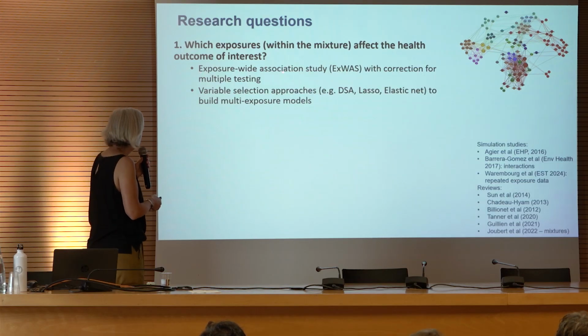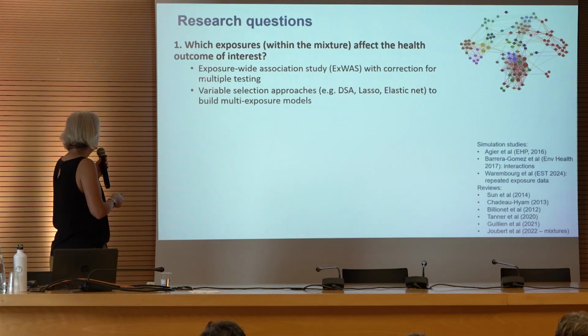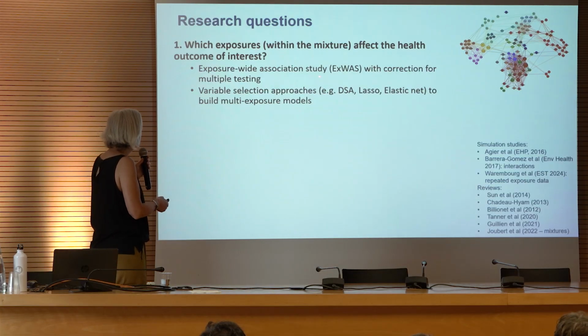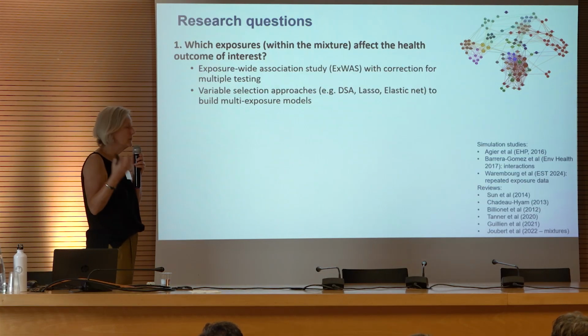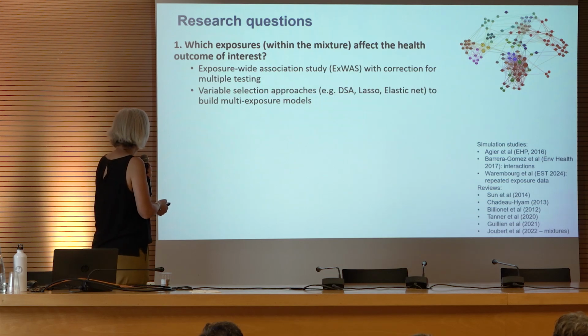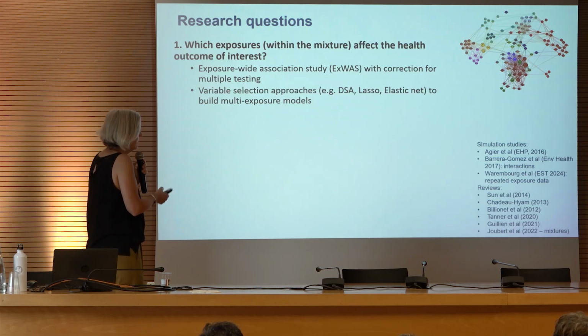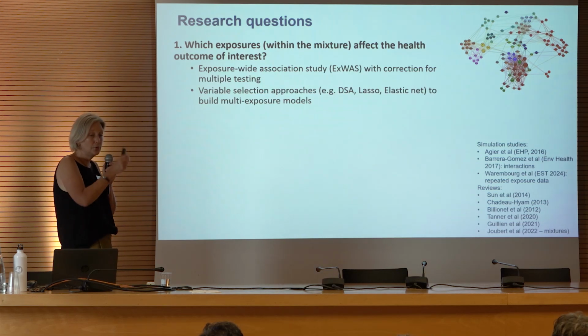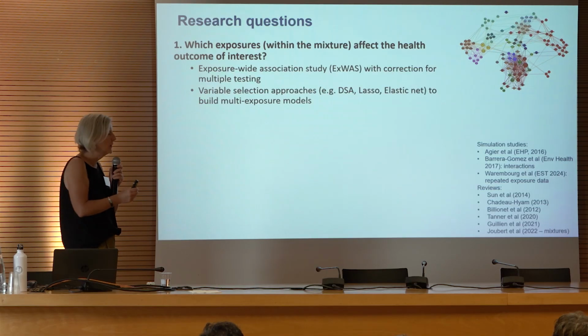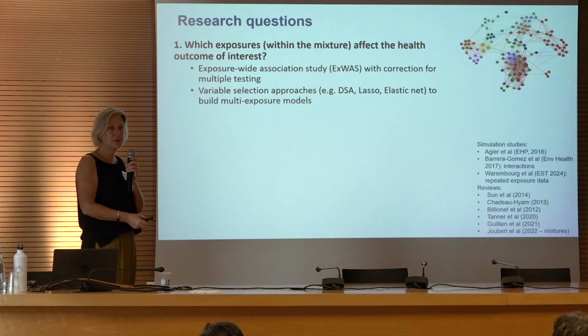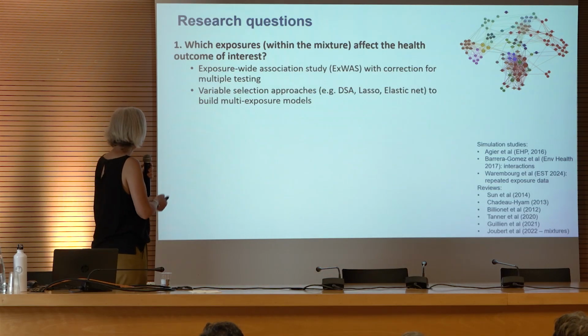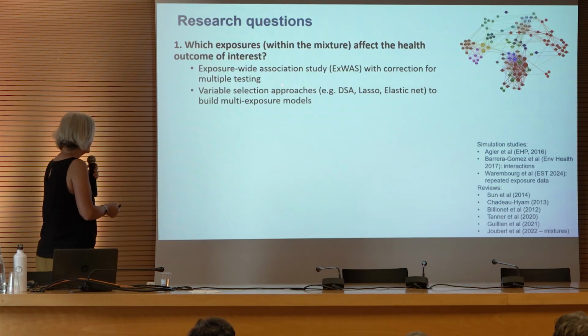And we can do that in a type of analysis called the exposure-wide association study. This is in parallel to the GWAS, the genome-wide association study, where you run a single exposure model for each of your exposures. So you have as many regression models as you have exposures, with correction for multiple testing.